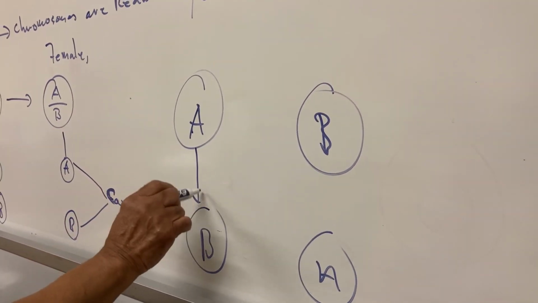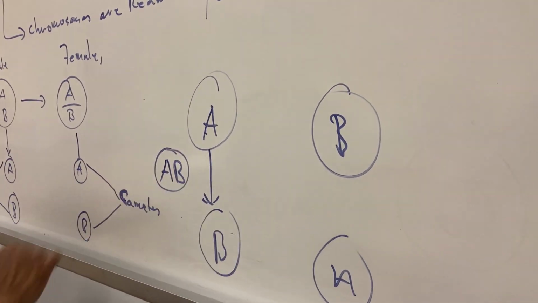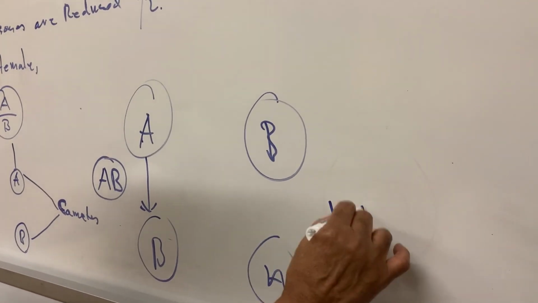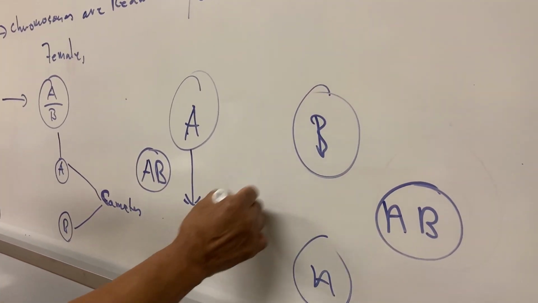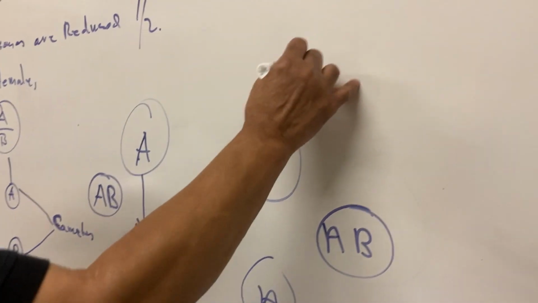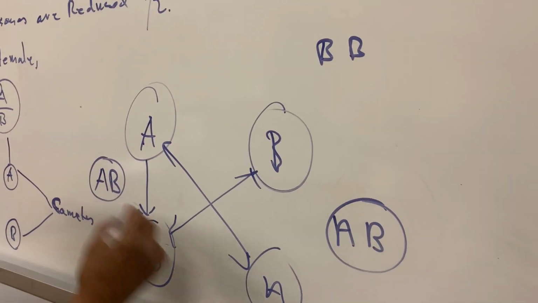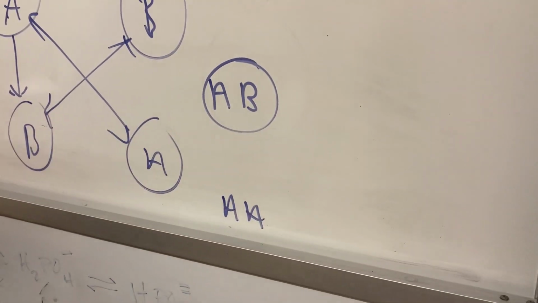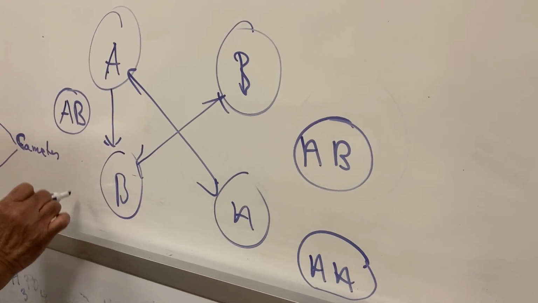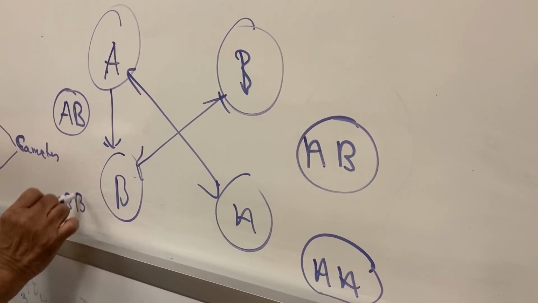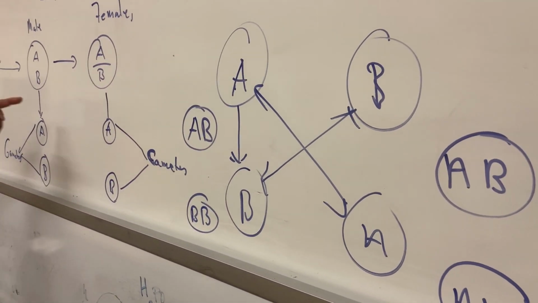An A could form with an A to give you AA, and you could get an AB here, but because these are independent, a B could interact with a B and you get BB, or an A could interact with an A and you get an AA. So you have 1, 2, 3, 4. You have 4 different types of individuals that could be formed.